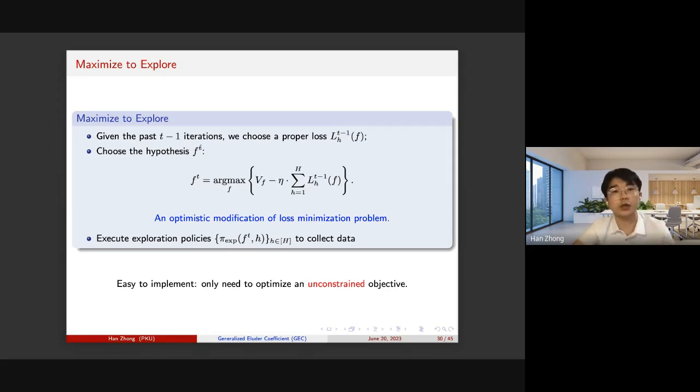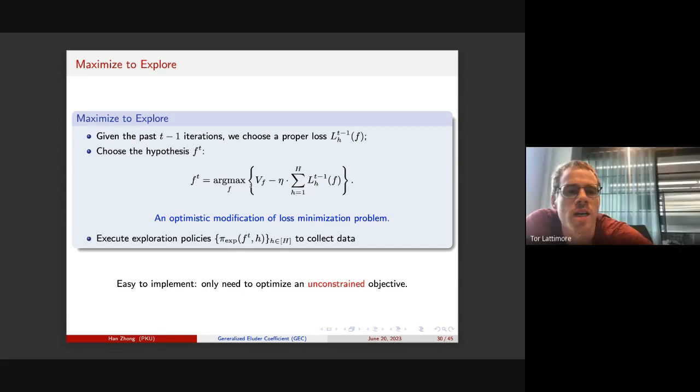The only difference of maximize-to-explore is that we add this optimistic modification of the loss minimization problem and make the objective favor the hypothesis with higher rewards.